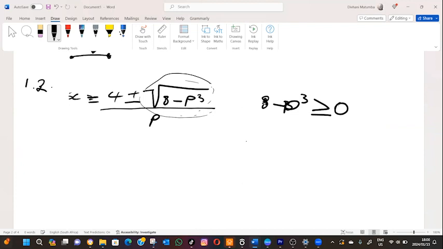If not, it's not going to be real. Therefore, 8 is greater than or equals to, let's take P3 to the other side, P3.